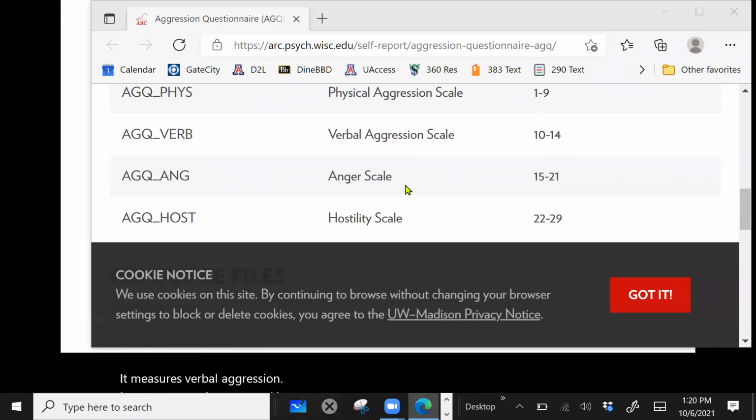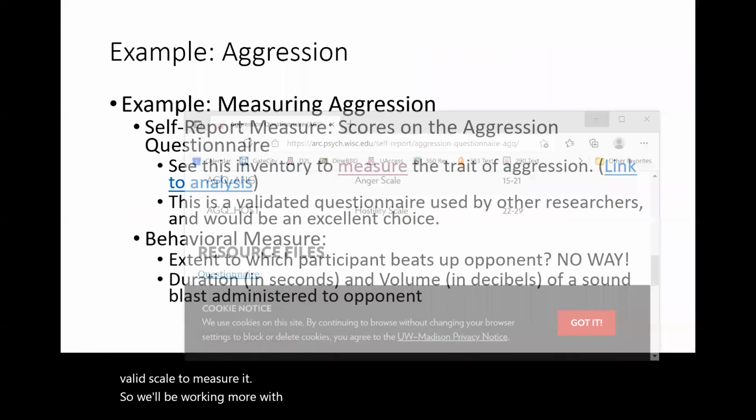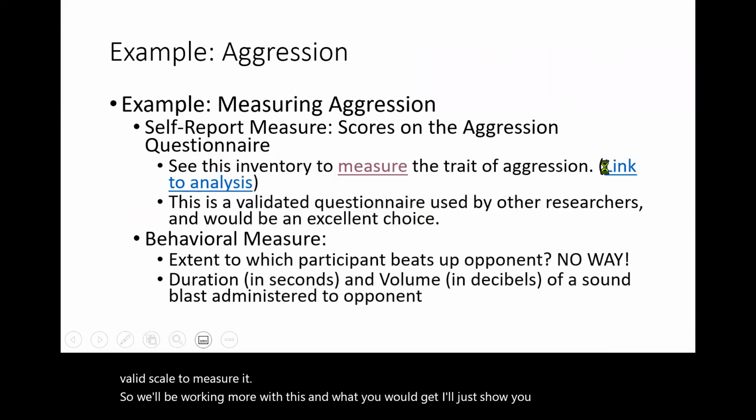So if you were going to do a study and you were interested in knowing whether what you exposed people to caused them to be more aggressive or to feel more aggressive, you might give them your stimulus and then use this valid scale to measure it. We'll be working more with this. I'll just show you what these items look like.